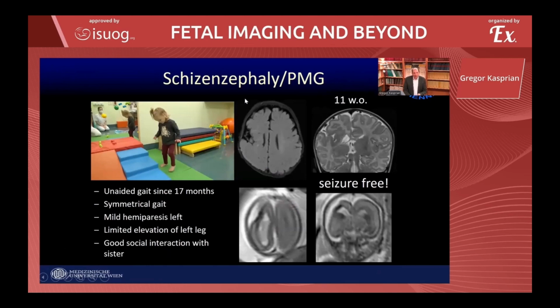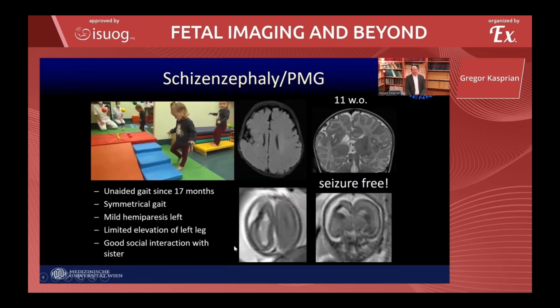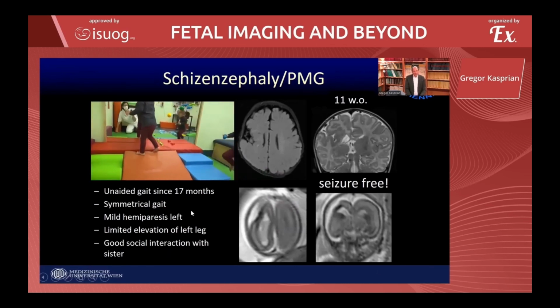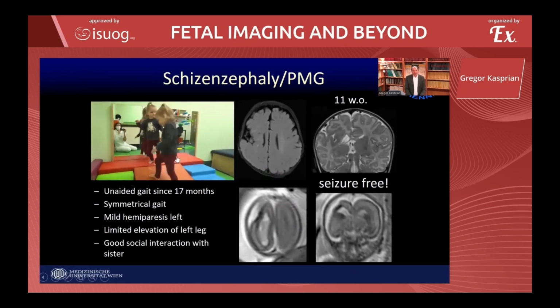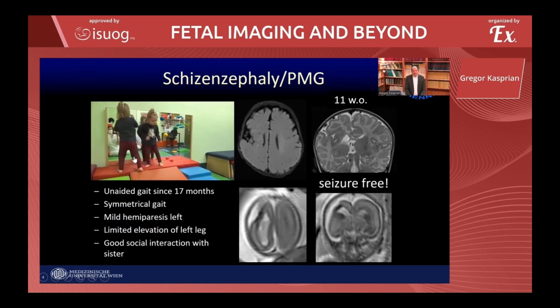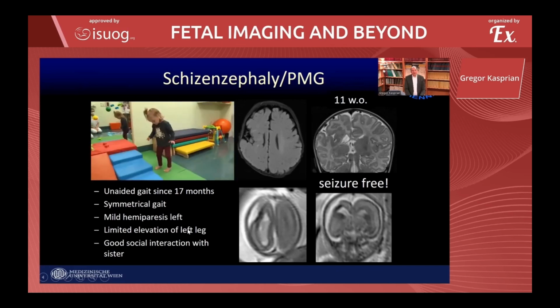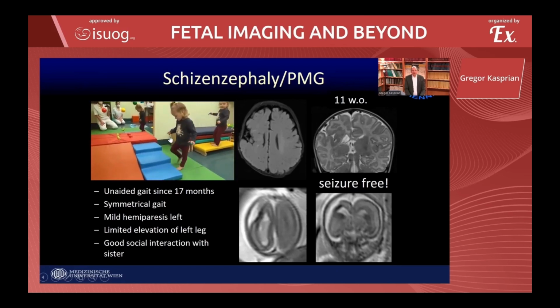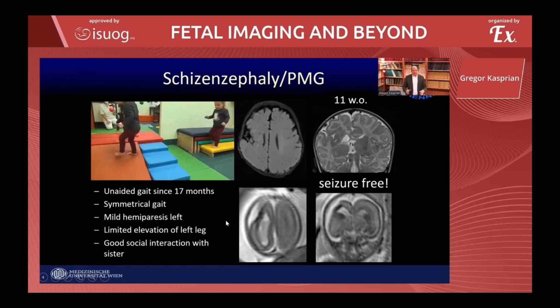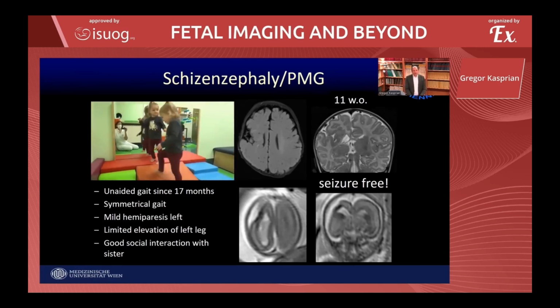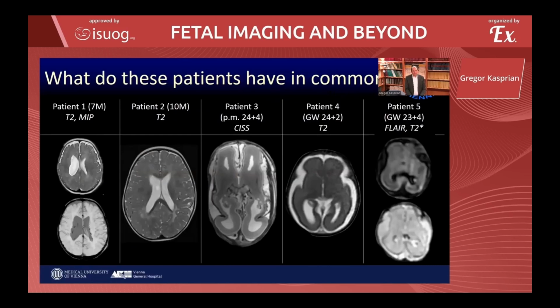But if you look at the girl here at the age of more than 1 year, together with her twin sister, you would not be able to discriminate the motor performance of both. Maybe the arm here is not moved as much as in the other one, but generally they are both doing really, really well.